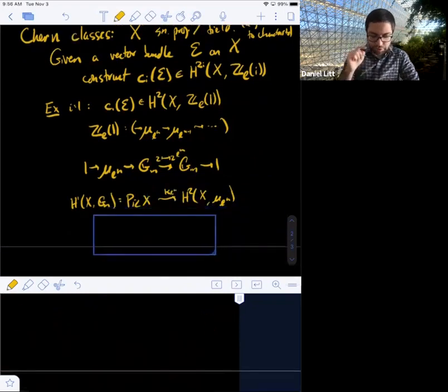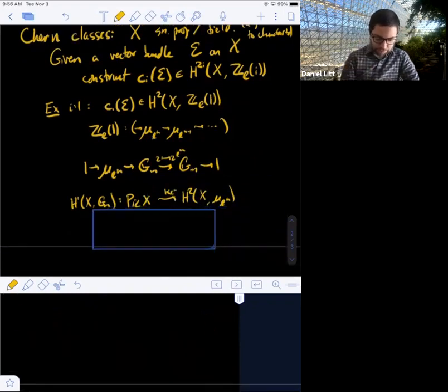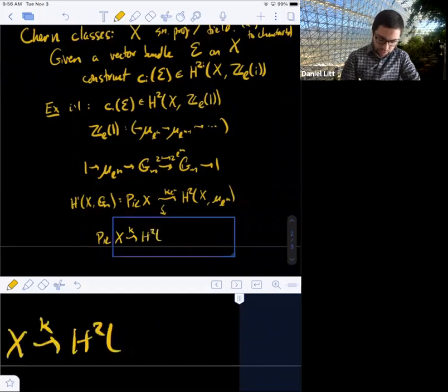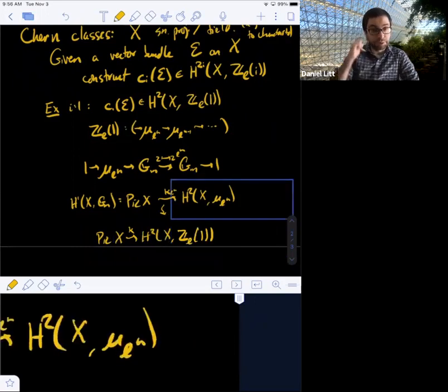So gluing all these maps together, one gets a map, which I'll call kappa also, from Pic X to H2 of X with coefficients in Zl of 1, which remember is the inverse limit of all of these groups.